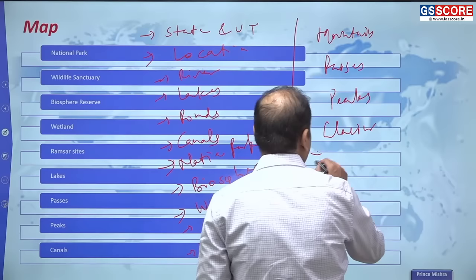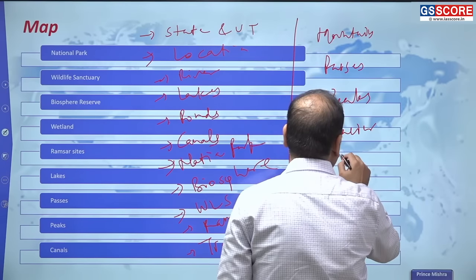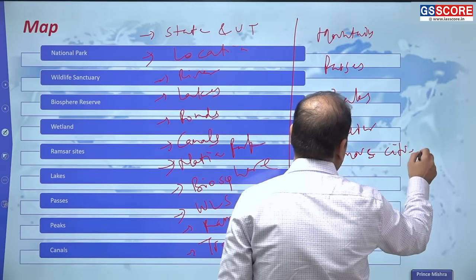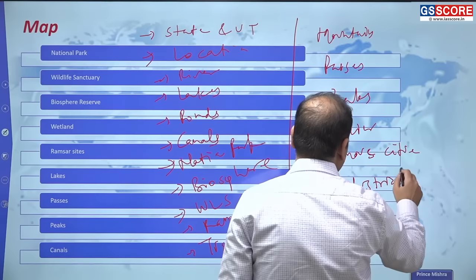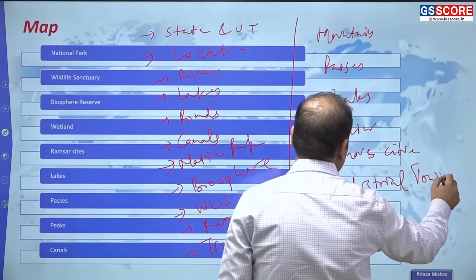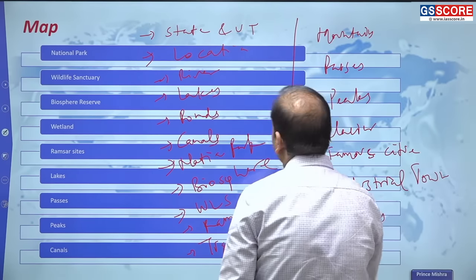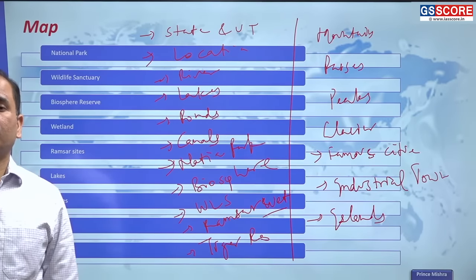Along with that, you also need to prepare some of the famous cities of India, industrial towns, islands. So all these you are supposed to prepare.